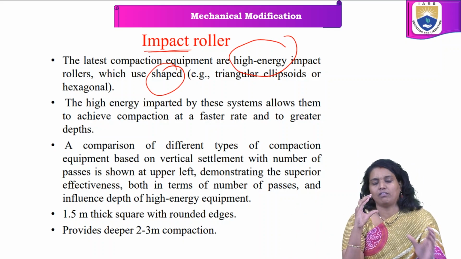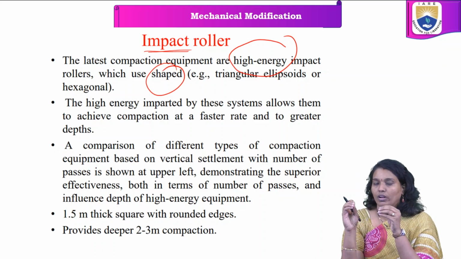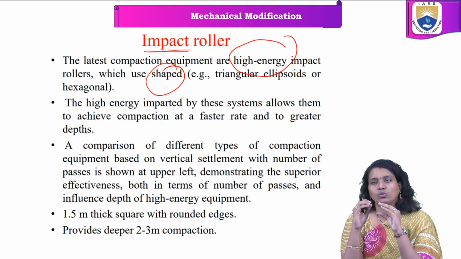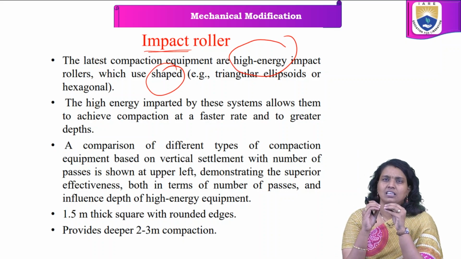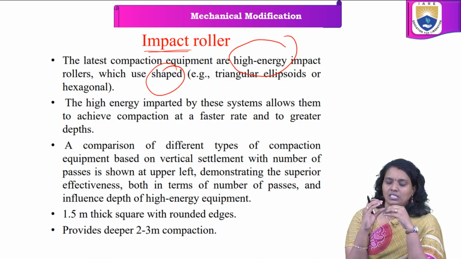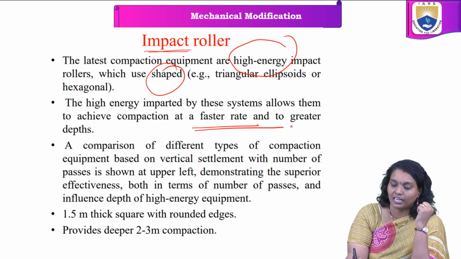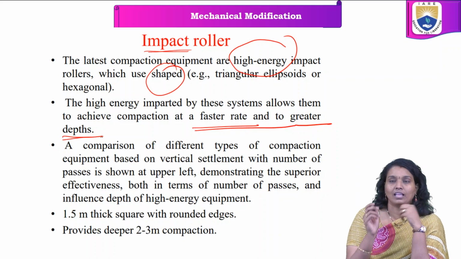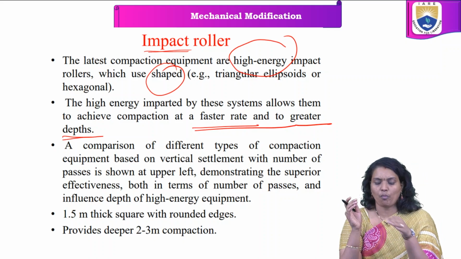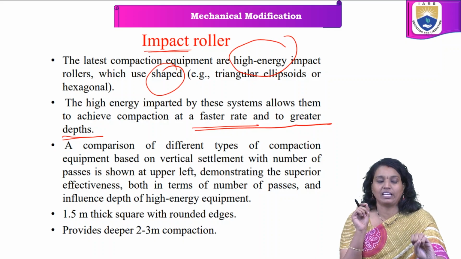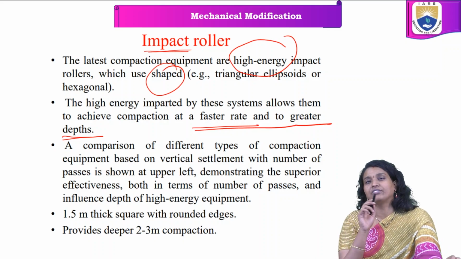Using different kinds of rollers, the depth reduces gradually and it takes lots of time compared to the impact roller. With the impact roller we achieve compaction at a faster rate and to greater depths. Then there is a comparison between different types of compaction equipment based on vertical settlement with number of passes.